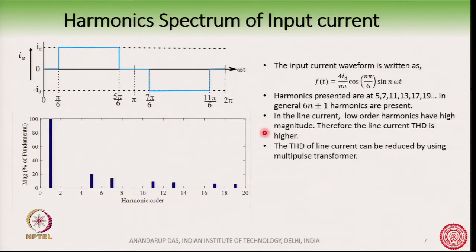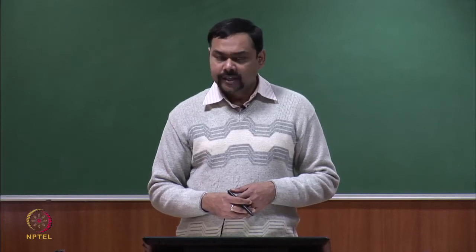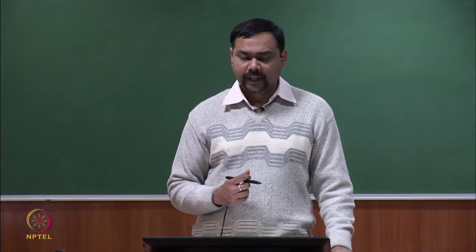As I said, for low power applications this may sometimes be acceptable, because the total contribution of the harmonics is not so great, but when you go for, say, megawatt applications, the contribution of the harmonics is quite substantial, and we have to take care of it.